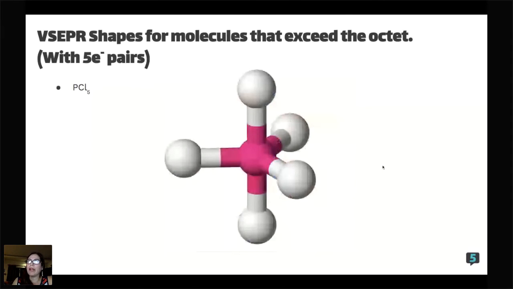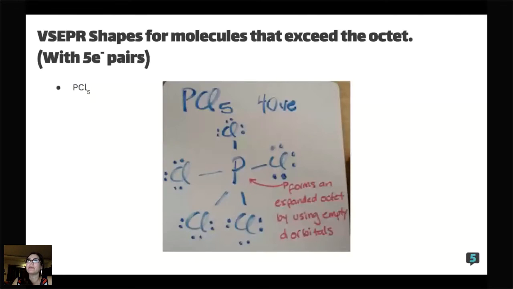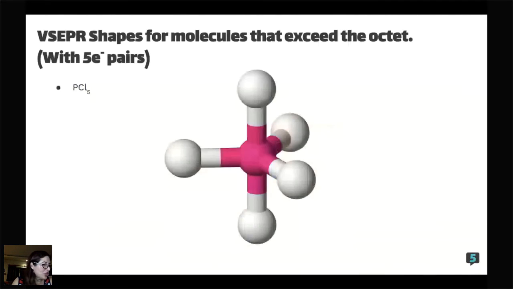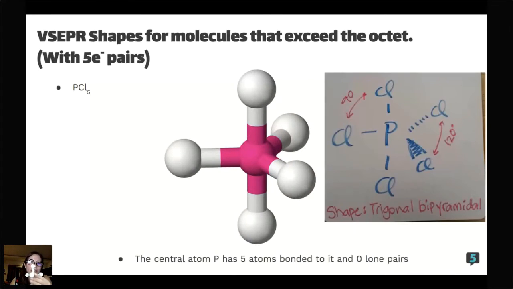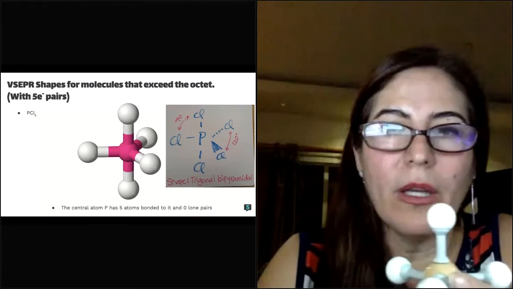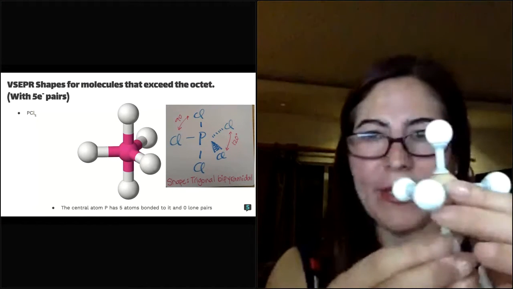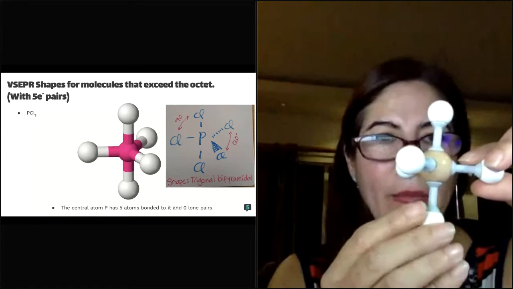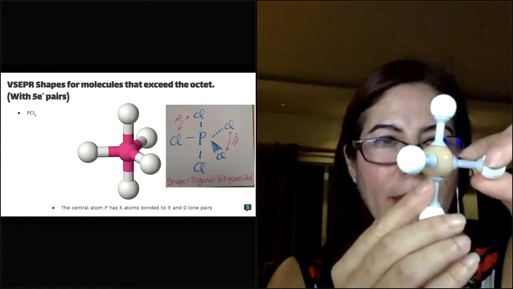So PCl5, 40 valence electrons, and this will be the shape. I hope I have, yes, I do have one like this. If we consider this molecule, the shape is going to be the trigonal bipyramidal. Now, I am holding the lines.